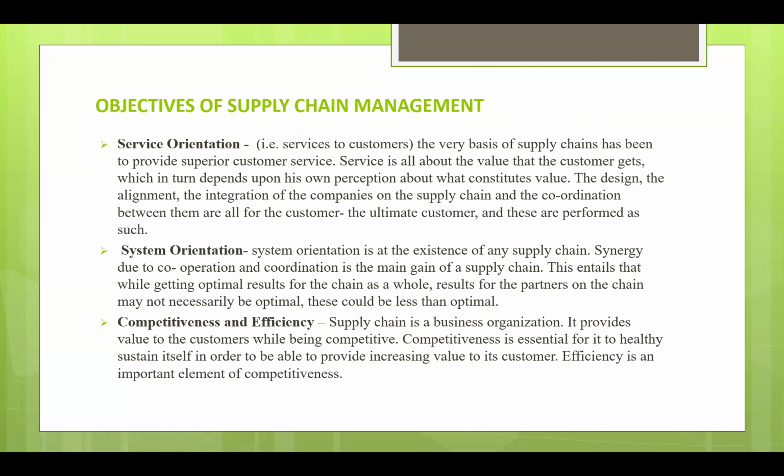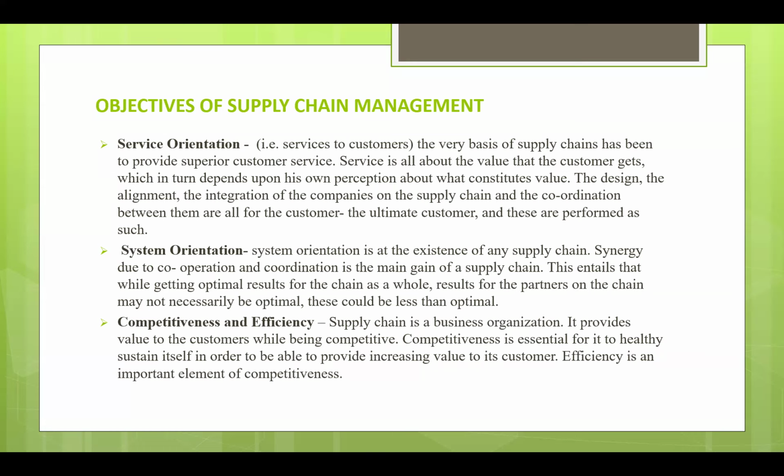Now, coming to the objectives of supply chain management. First objective is service orientation. That is providing services to customers. The very basis of supply chains has been to provide superior customer service. That is, service is all about the value that the customer gets, which in turn depends upon his own perception about what constitutes value.